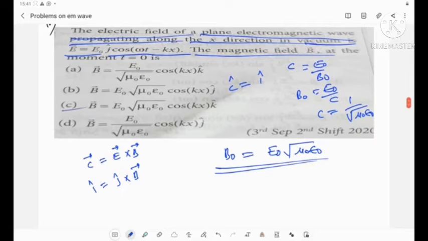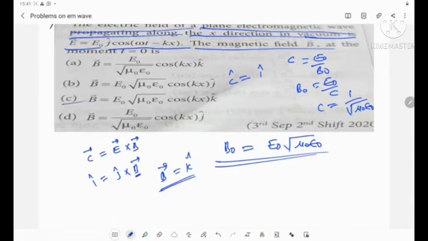See here, j cap cross B cap. Therefore, j cap cross k cap is equal to i cap. Therefore, here B cap is equal to k cap. This is the direction of the magnetic field.